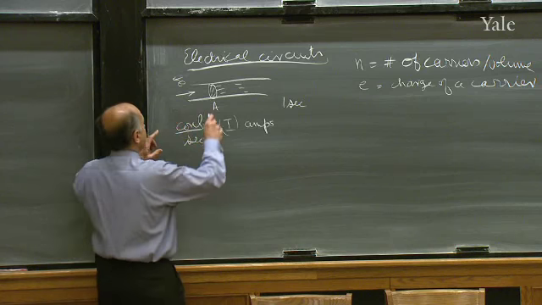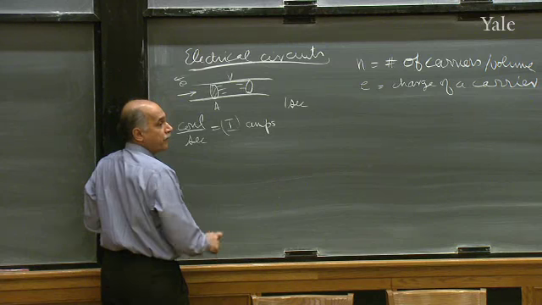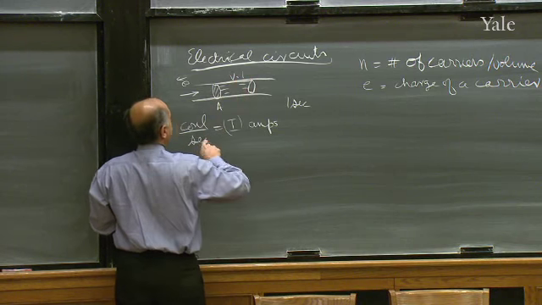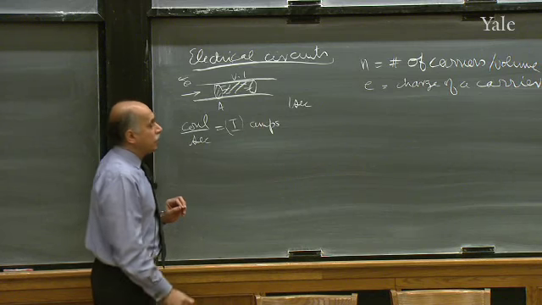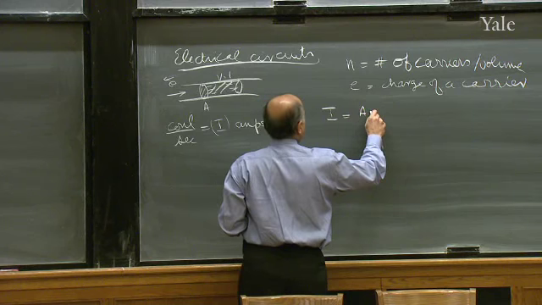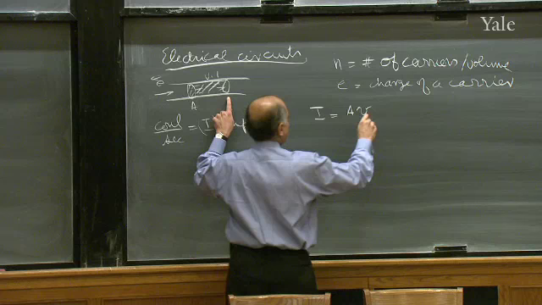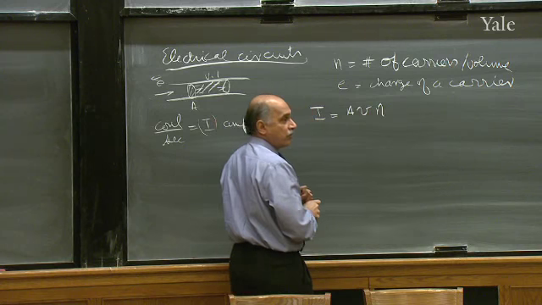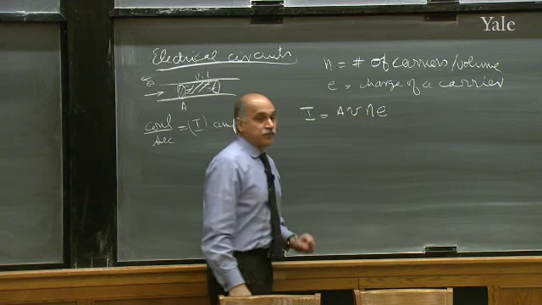You can see that it's a cylinder whose length is the velocity, because in 1 second it would have gone v times 1 second. All those guys have crossed the finish line. Therefore, the current will be A times V, the volume of stuff that has gone, times N, the number of carriers in that volume, times E, the charge of each carrier. That's the total current.